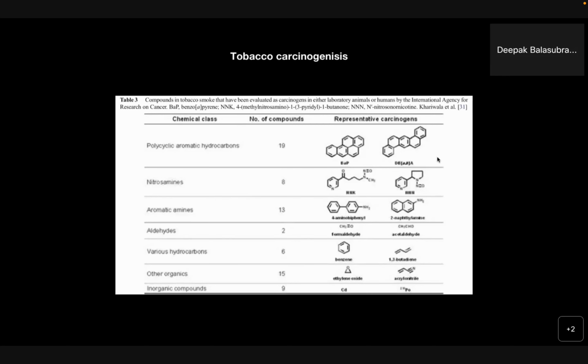Now, these are some of the chemicals within the cigarette smoke that have been identified as carcinogens. So you have polycyclic aromatic hydrocarbons, nitrosamines, aromatic amines, aldehydes, various different types of hydrocarbons, and other organic and inorganic compounds.